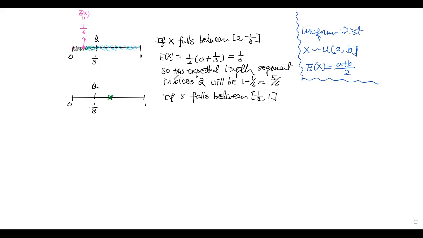Now we are looking at the uniform distribution for this segment.